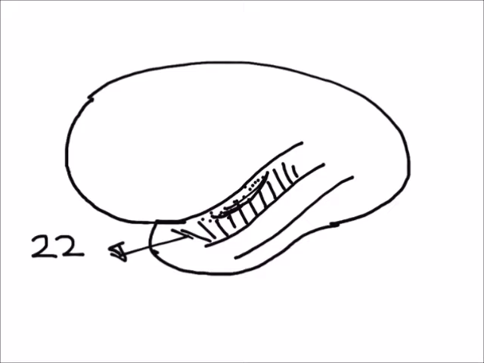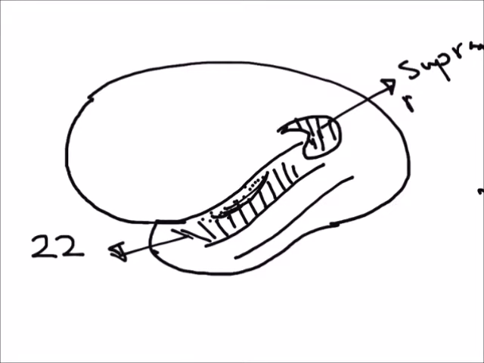Another area which is lying just here is called the supramarginal gyrus, or area 40. This area is located just above the posterior end of the lateral fissure.